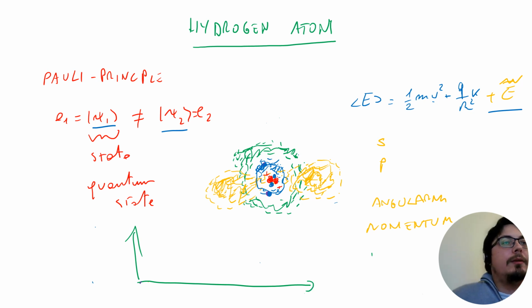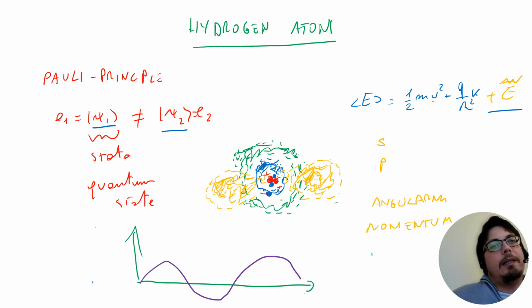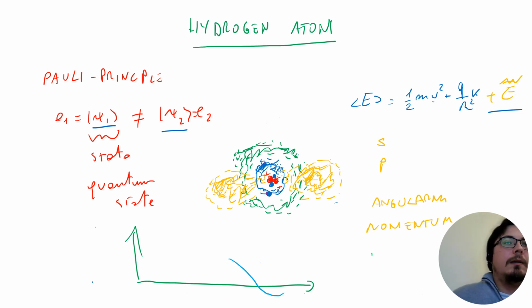Think about the sinusoid, which is like this, and the cosinusoid, which is like this. If you do the product of the two, you will see that they have, or even take something easier. Sorry, even easier than that.